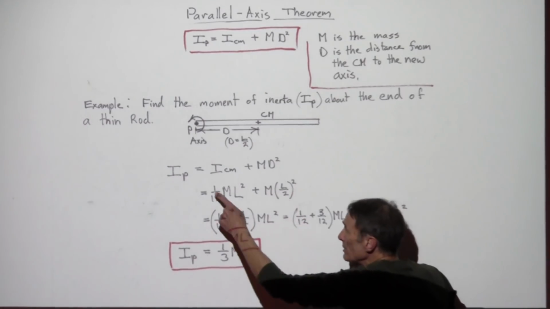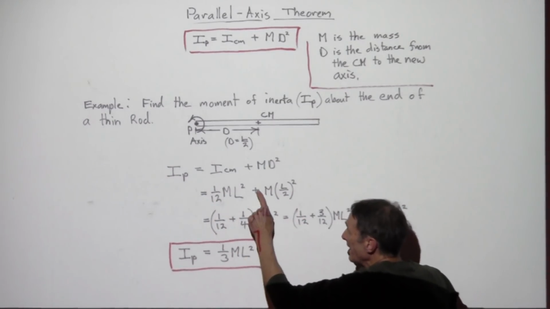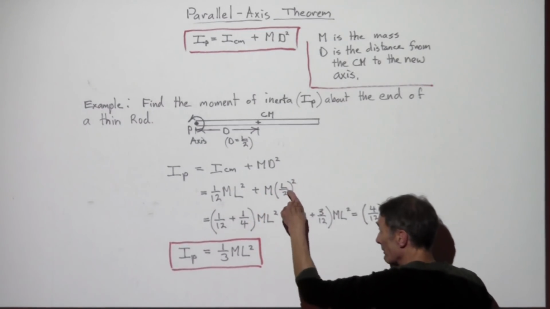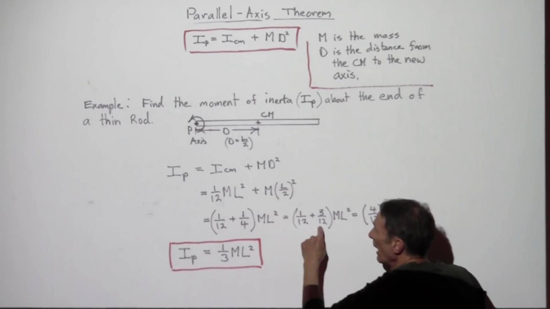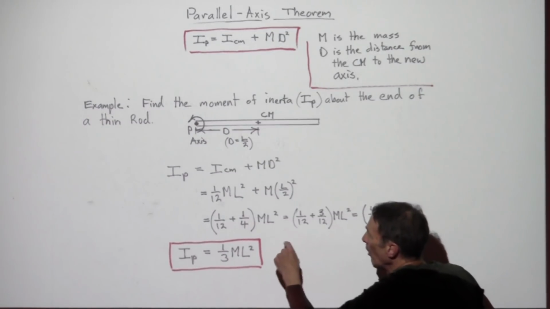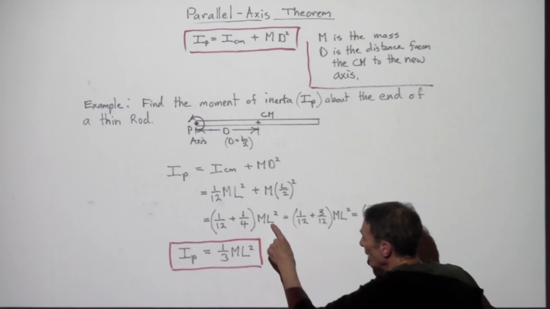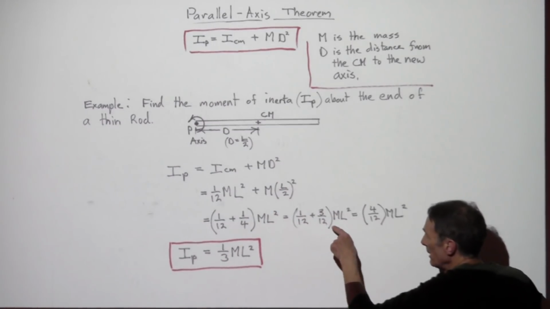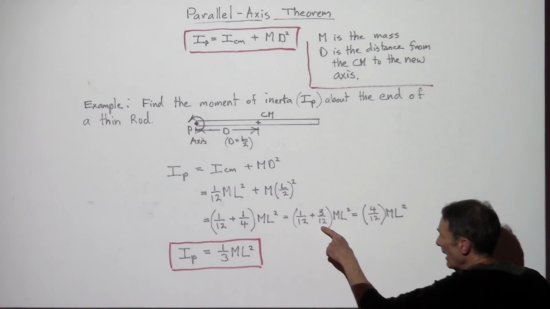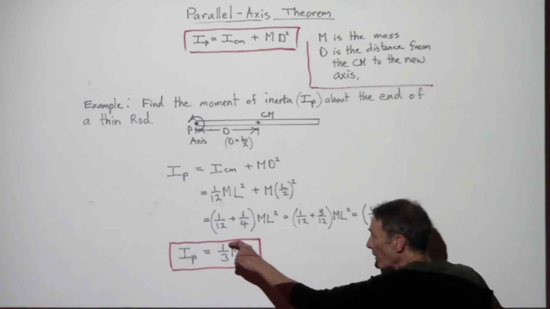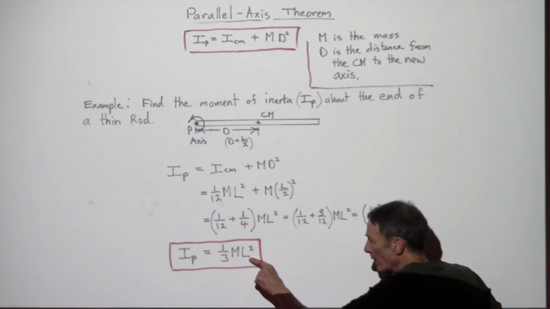So we use that 1/12 ml squared. We can add to it m times L over 2, squared. We square this, and this is going to become a 4. And we're going to get a 1/12 plus a 1/4 ml squared. You can do the math here and convince yourself that this is going to be 4/12 or 1/3 ml squared.